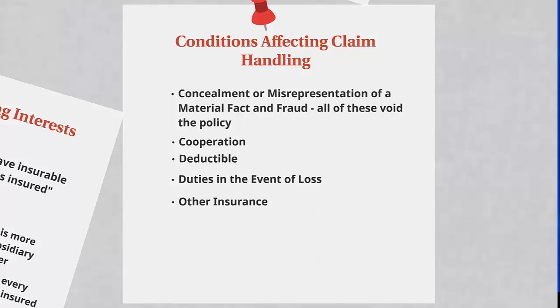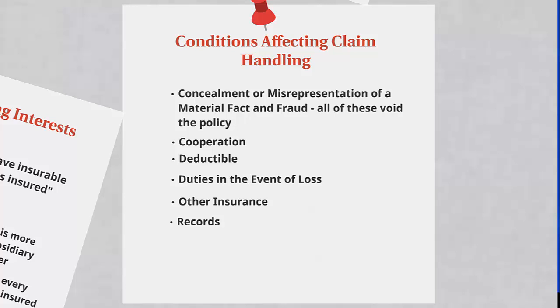The other insurance condition says how the insurer's obligation for covered loss under this insurance is limited when there's other insurance applicable. The records condition requires the insured to keep records of all covered property so the insurer can verify the amount of covered loss.